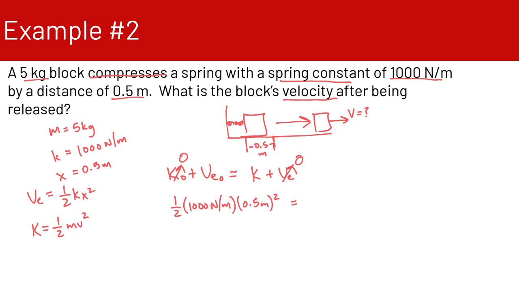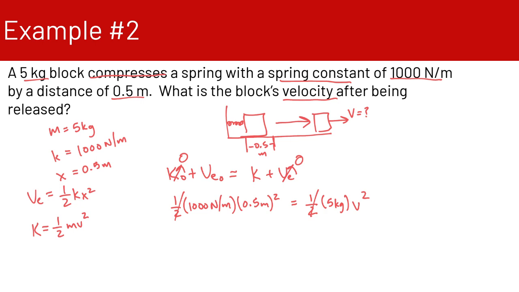And that's equal to our kinetic energy, which is 1/2 our mass, 5 kilograms, times our velocity, which is what we're looking for, v squared. On both sides of the equation, we have this 1/2, so we divide out the 1/2.